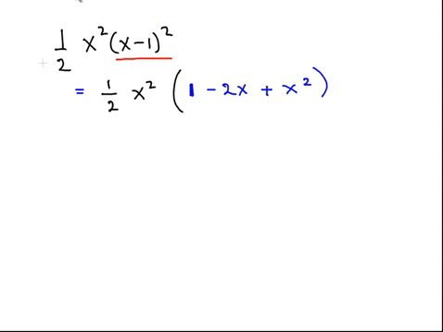Now that one wasn't so interesting, but my modus operandi is going to become a little bit clearer now. So I'm going to move on to the next one here, and this is 1/6 of x cubed times x minus 1 cubed. So x minus 1 cubed, this is important now.